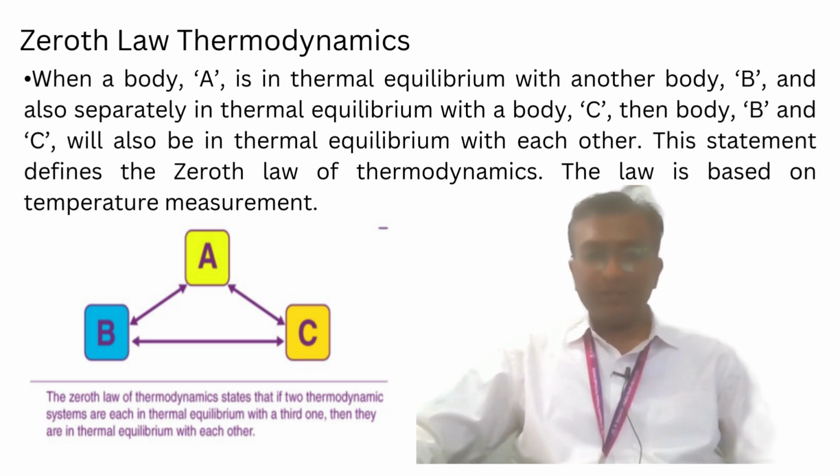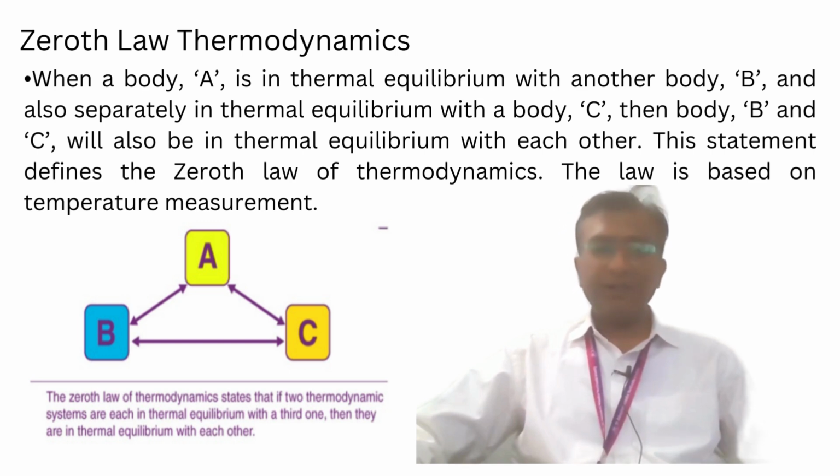Here's where the zeroth law comes into the picture and plays a crucial role. What the zeroth law states is, if A is in thermal equilibrium with both B and C independently, then B and C must also be in thermal equilibrium with each other.